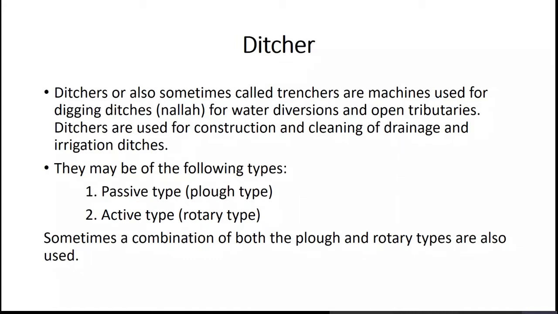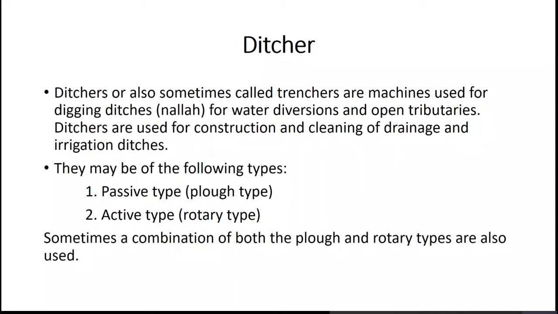We have two basic types of ditcher, passive type and active type. And also there is a combination of both passive and active. Passive means they are also called plow type. Active is rotary type. Now if you have seen a plow, any kind of plow used for opening the earth while farming, you see the plow has no moving part.